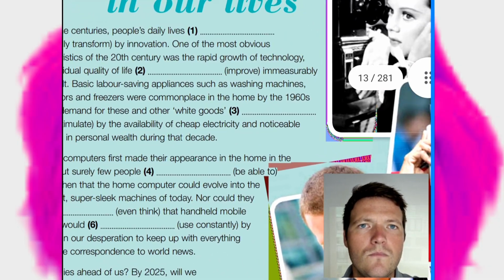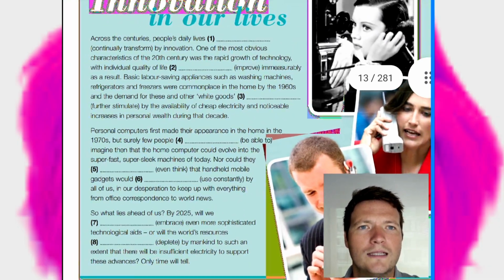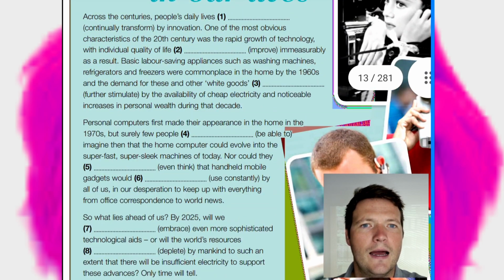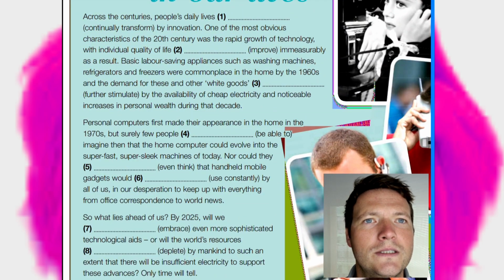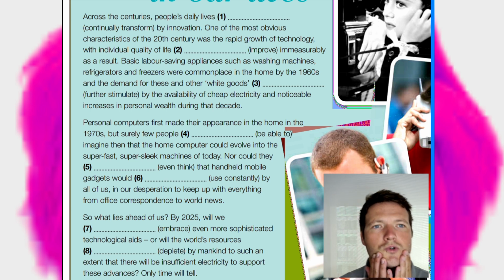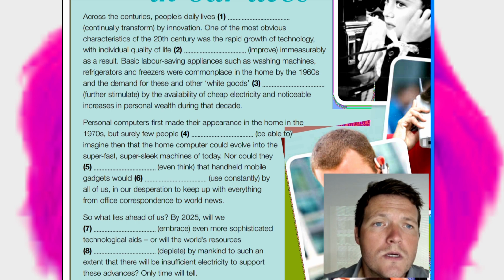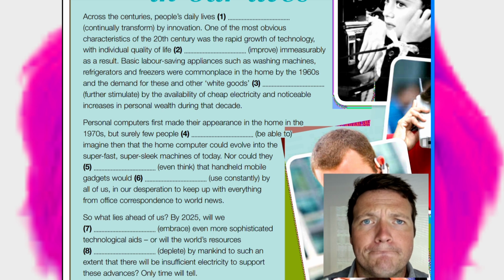Anyway, we've got one last activity to look at here. What we've got are some words in brackets, and we're going to try to put them in the correct form, essentially, to make some good sentences here.